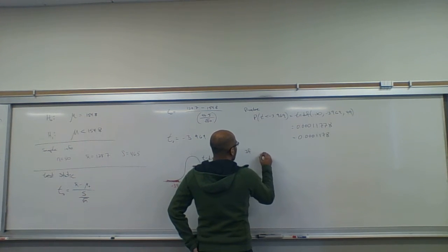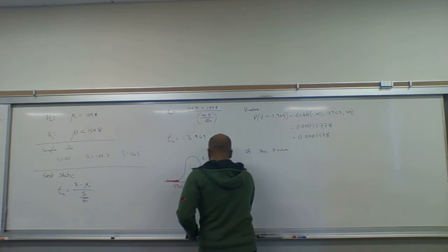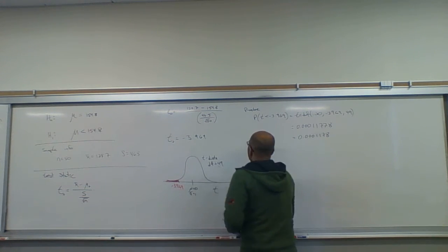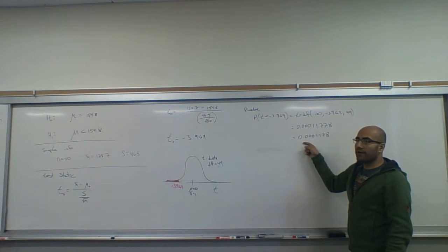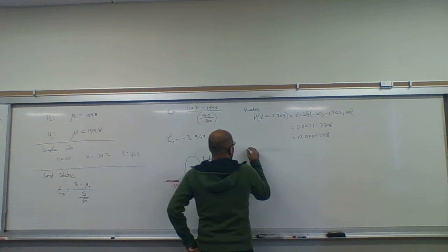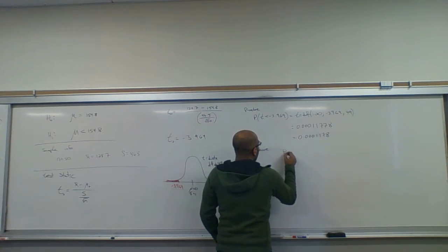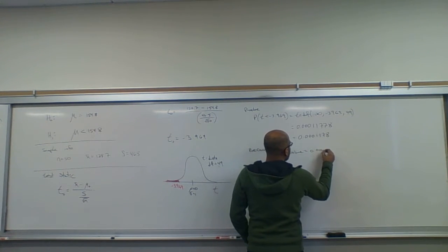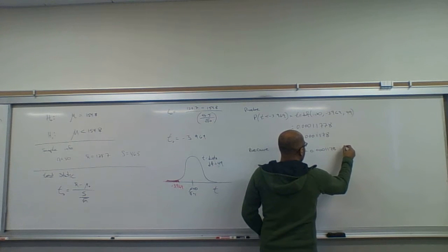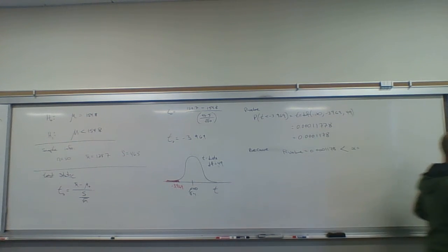So if the p-value, well, I'm not going to write that this time. I'm just going to write down the one I need. So we found that in fact it's smaller, right? So because the p-value, which is equal to 0.00011778, is less than alpha, which is given to you in every word problem.